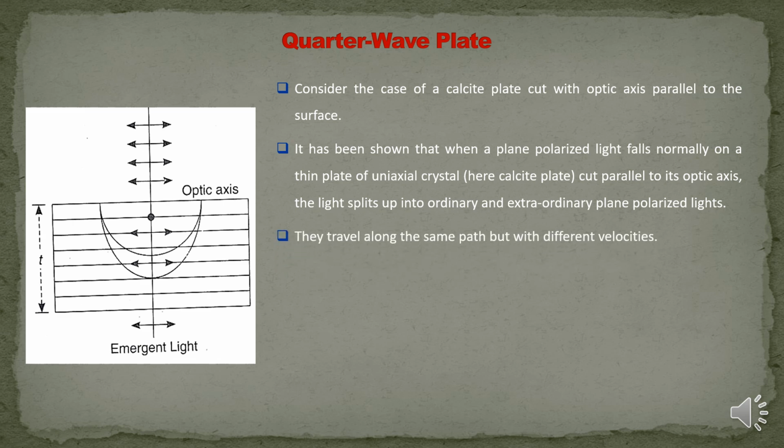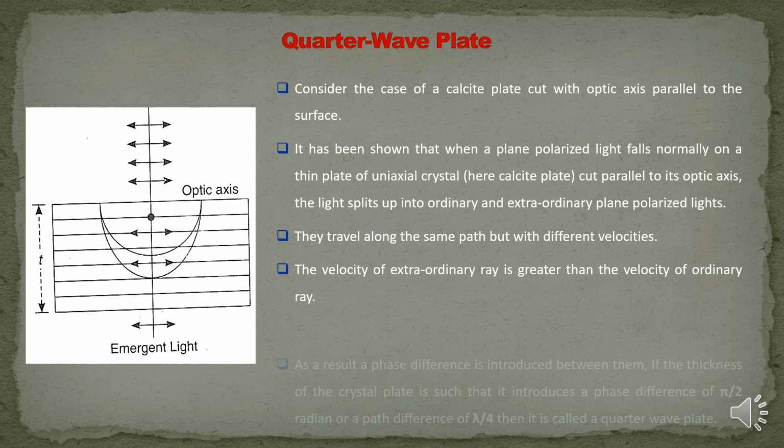They travel along the same path but with different velocities. The velocity of extraordinary ray is greater than the velocity of ordinary ray.